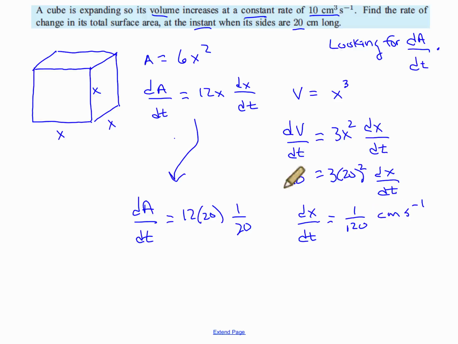Totally legal because this change is constant. We use 20, and we know that dx/dt is 1/120. That is exactly equal to 2 square centimeters per second, and that's our answer.